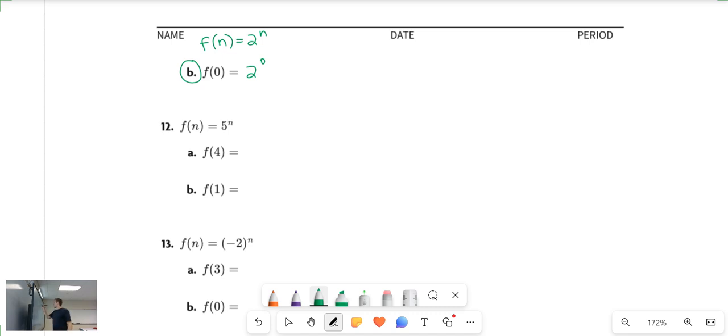But in this case, we have 1 times 2, 0 times. So how many 2's are there? There are 0 of them. So we just end up with 1.